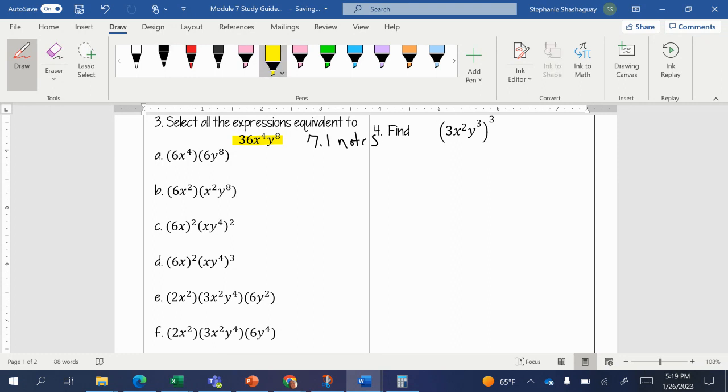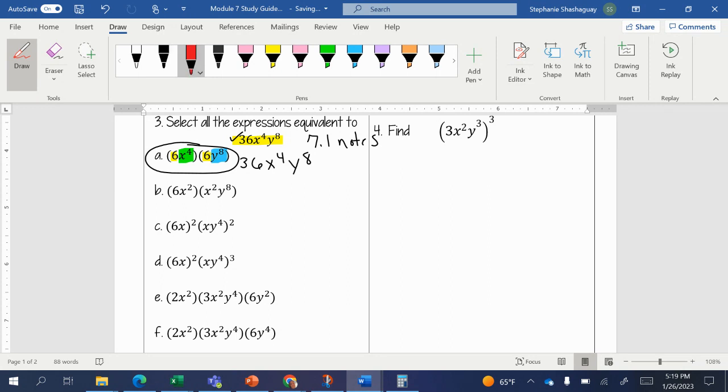So we're going to multiply 6 times 6 and get 36. And then you'll notice that we have x to the 4th and y to the 8th. Well, there's nothing we can do with those because we can't combine those because they have different bases. So once we simplify A, we get 36 x to the 4th y to the 8th. Well, that matches the expression they've provided us.